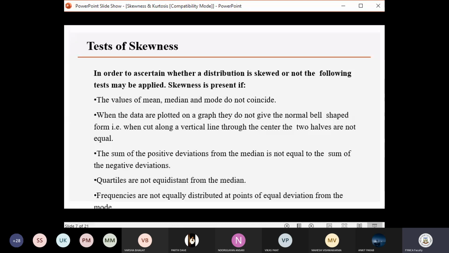That means in a normal case they are equidistant from the median, since the median is 50%. Now if they are not equidistant, that is, the difference from the median is not equal, then I can say that again my data is skewed data.